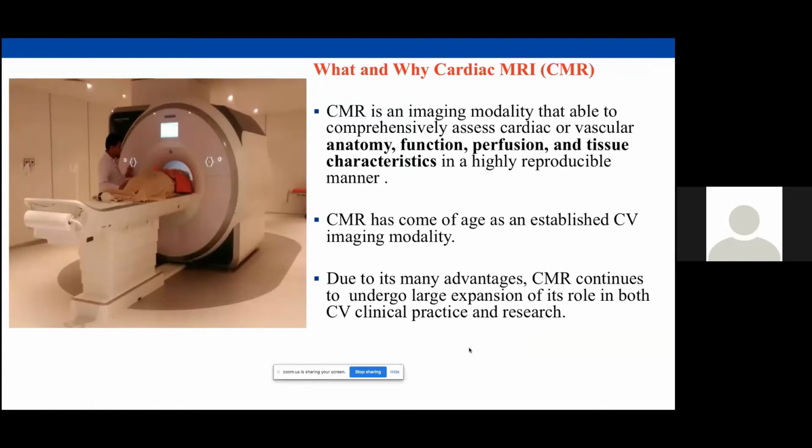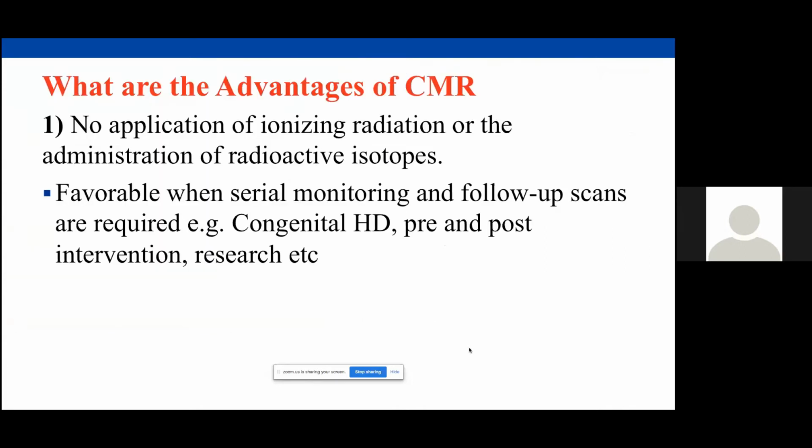Due to its many advantages, CMR continues to undergo large expansion of its role, both in clinical practice and also research. So what are these advantages that we talk about?